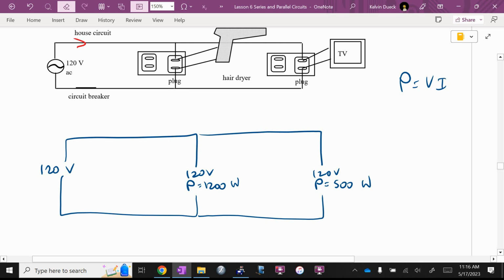Power divided by V. Is it 10 even, I think? 10 amps there. How many amps am I using in the TV? I'll call it 4.2.